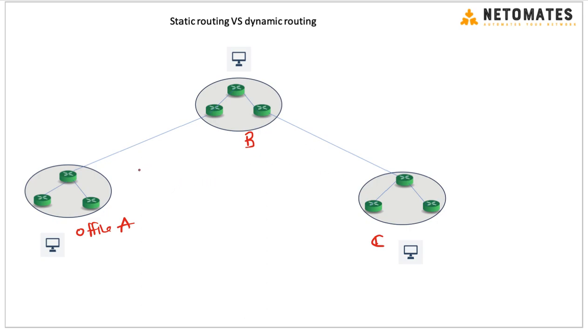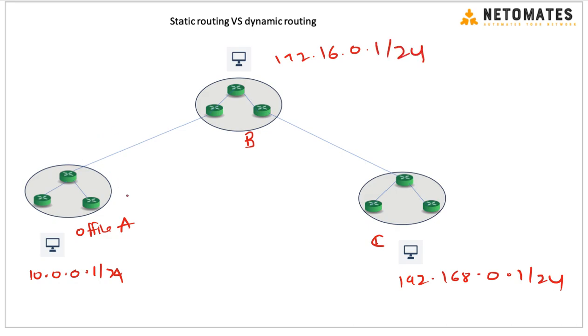As we learned in the previous classes, we can do static routing. Suppose we have 10.0.0.1 on this PC, and this PC here, and here we have 172.16.0.1/24. Let's call them PC1, PC2, PC3.